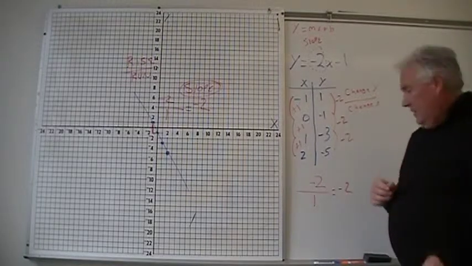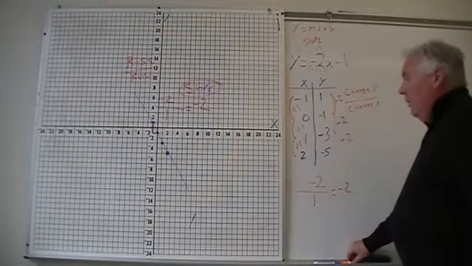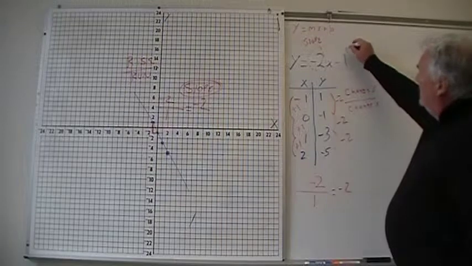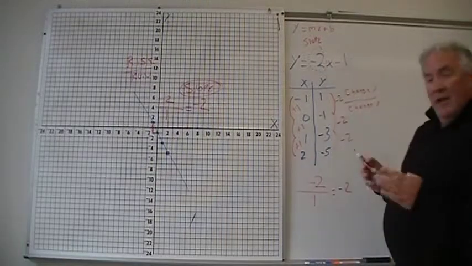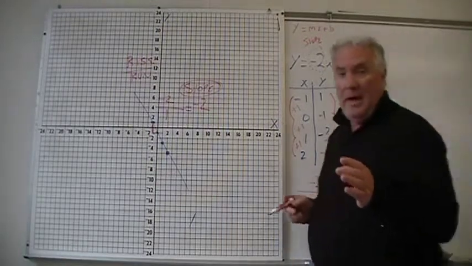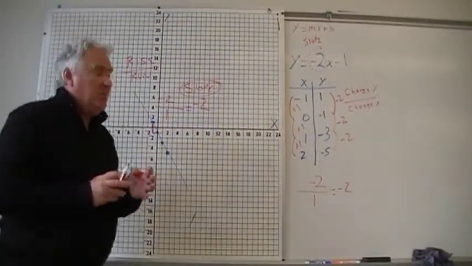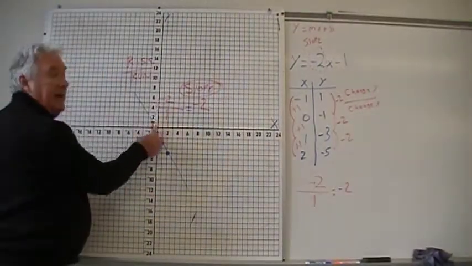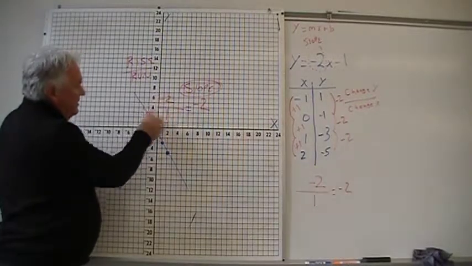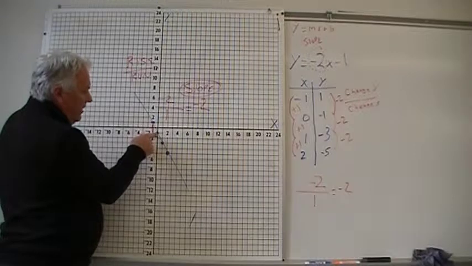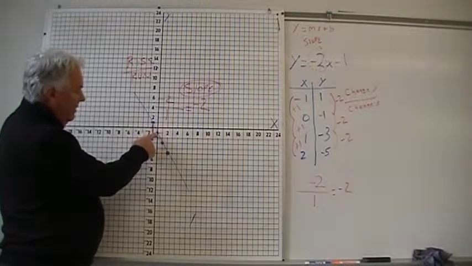One last thing about this. What is our y-intercept? That's what this is. Where the line crosses the y-axis. That's kind of an important thing, as you're going to see soon. Let's take a look at it visually. Here's our line. Where does it cross the y-axis? Right here at -1.